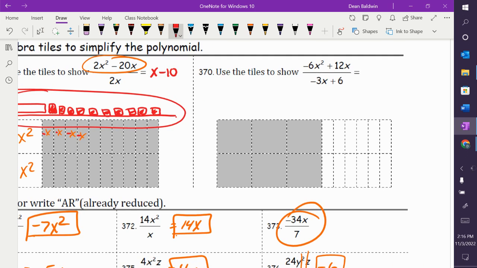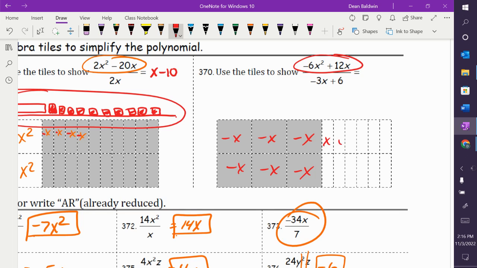Okay, let's do this one. What does all this stuff here represent? The top, right? That. Negative 6x squared. There's negative x, negative x, negative x. 12 x's. 6 there, 6 there.